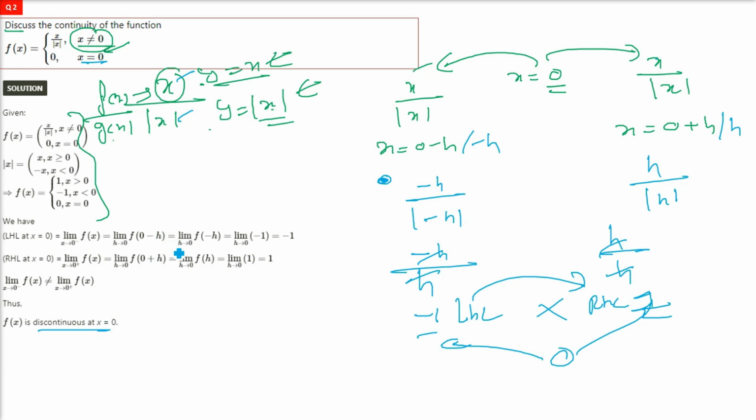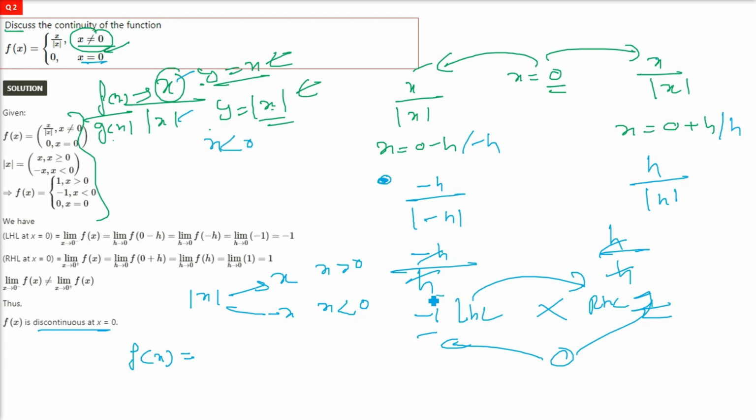But if you want to write more, because you can elaborate the things every time just to please your examiner, then what you can do? Mod x is x when x is greater than 0. Mod x is negative x when x is less than 0. And since the value of fx at x greater than 0 is 1, we have found out. At x less than 0, we have found out it as negative 1.